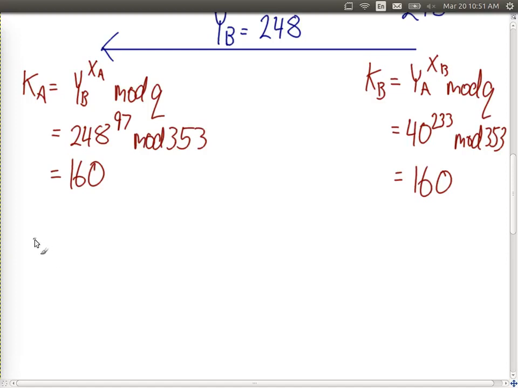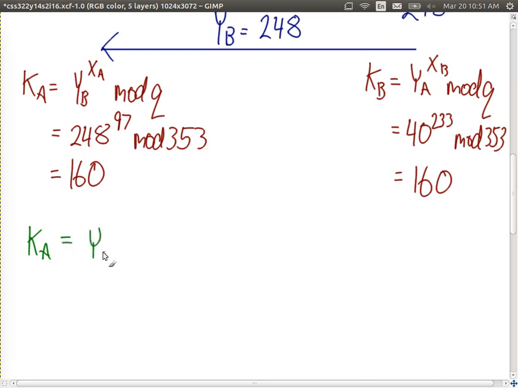For example, we start with, let's say we want to find Ka, which is the same as finding Kb, which is yb to the xa mod q.